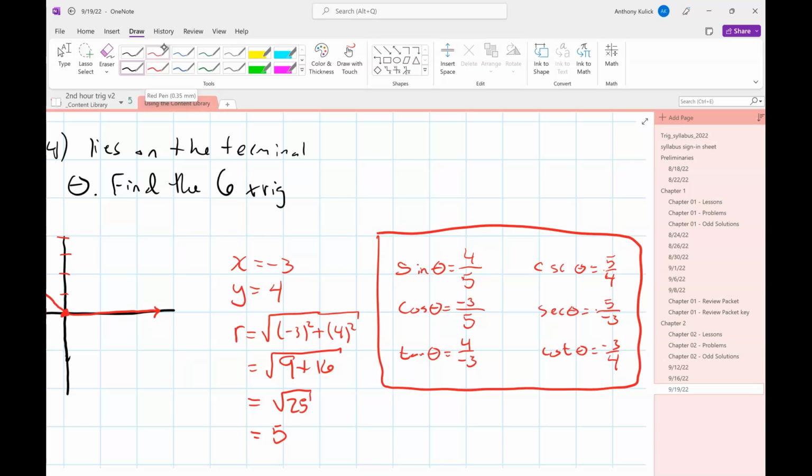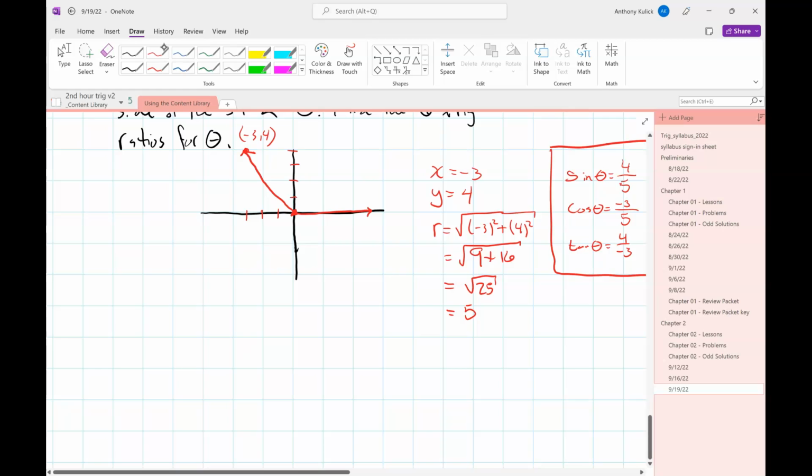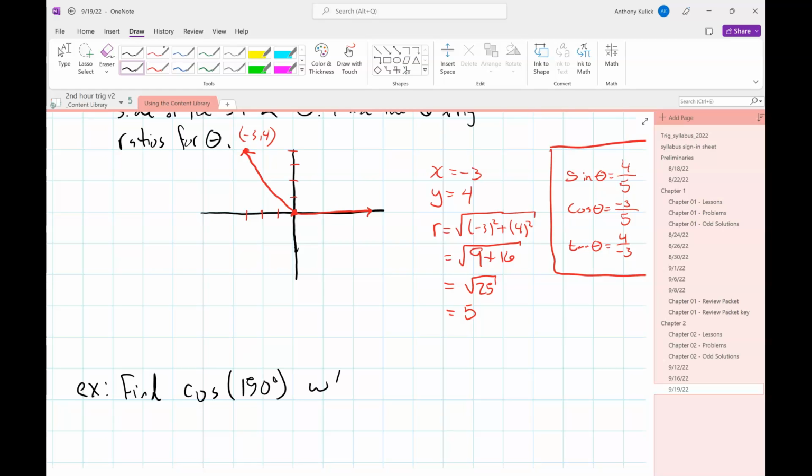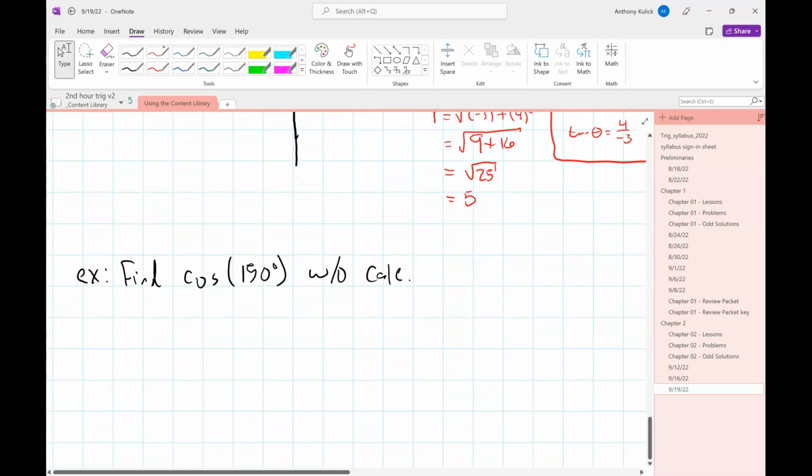Let's do another example. Everybody's cool with that? Okay. So what if we asked you to find the cosine of 150 degrees without your calculator?